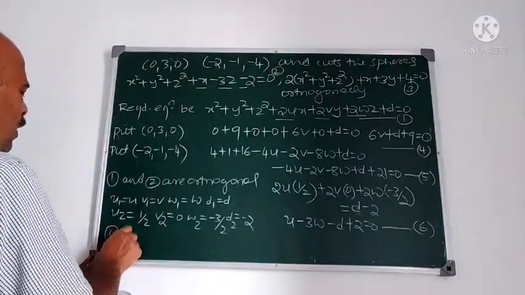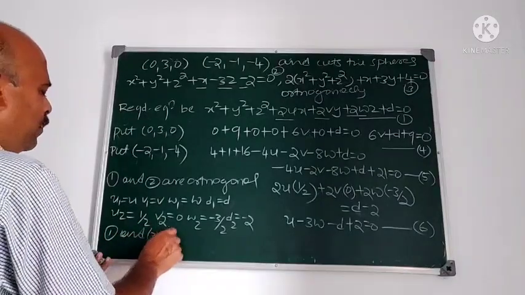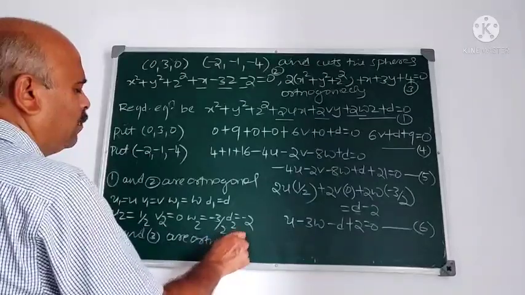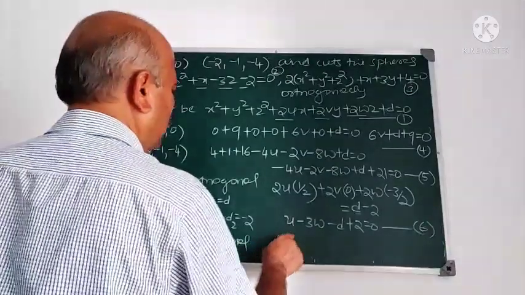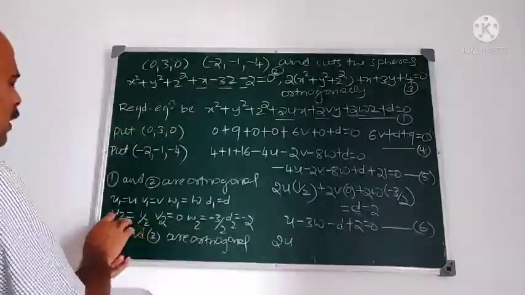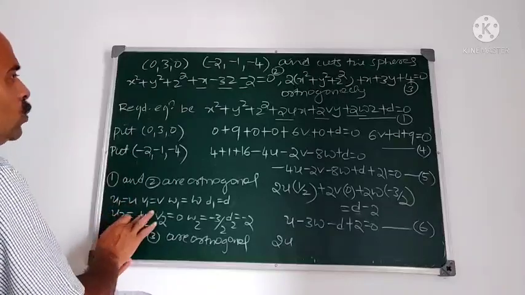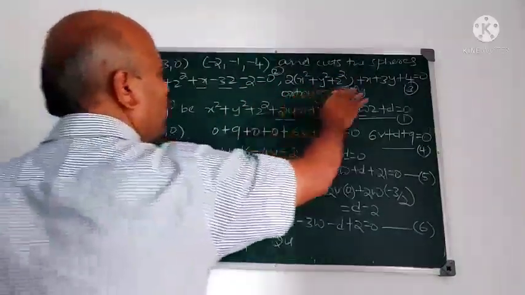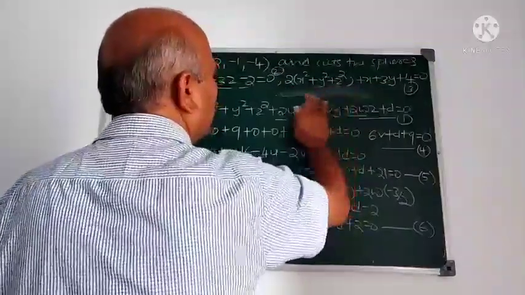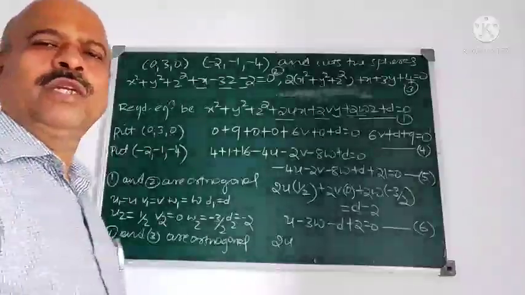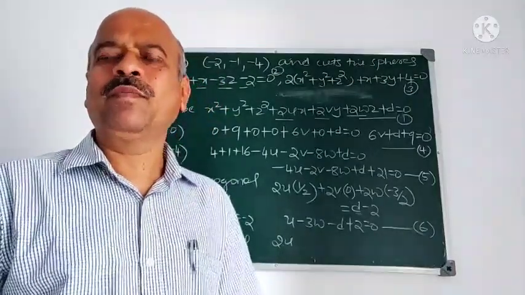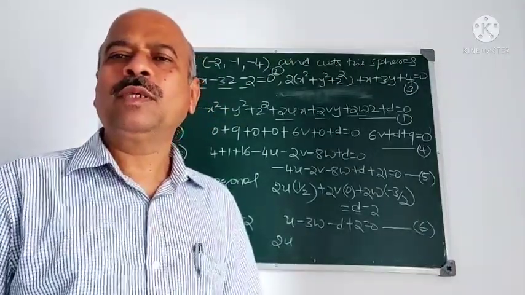Similarly, 1 and 3 are orthogonal. Therefore, 2u into, now this u2 you have to compare with the second equation. Before that, you have to divide by 2 here, because while solving any problem on spheres, the equation of the sphere must be in the standard form. What do you mean by standard form?